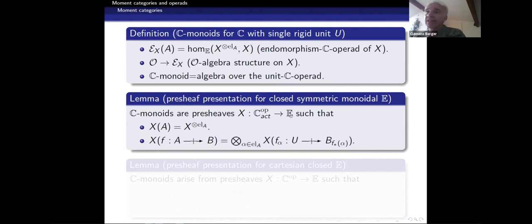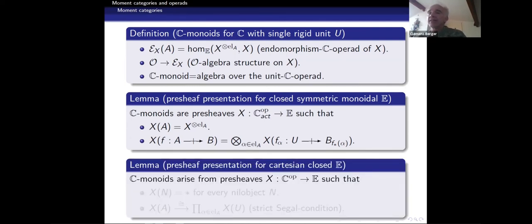If your symmetric monoidal category E is Cartesian closed, you can go a step further. You can actually define presheaves on the whole category C, and the conditions you have are stronger. You have to impose that for every nil object you have the terminal object as value. And then you have the Segal conditions.